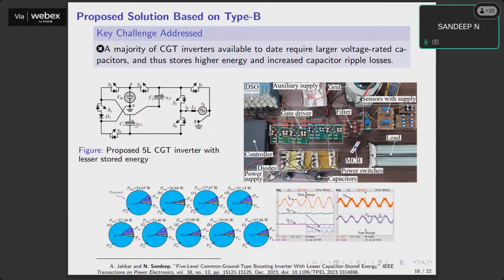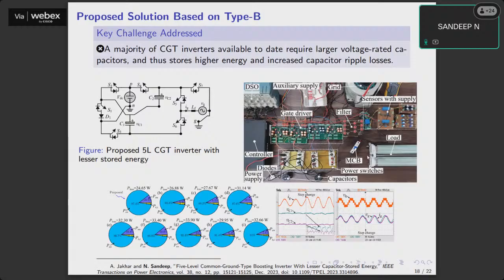Without this structure, if this capacitor were to sustain a voltage of 100, now, since we add this to this, it has to be only 50. So with half CV squared, the energy is reduced by exactly 50%. That improves the overall power density of our inverter. That was the main focus of this topology.